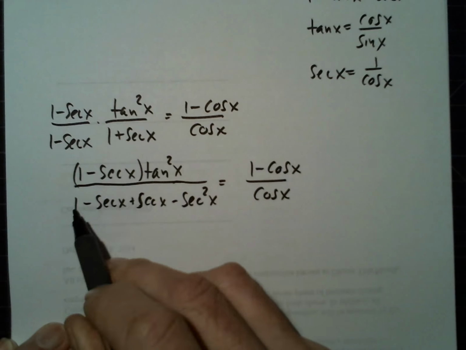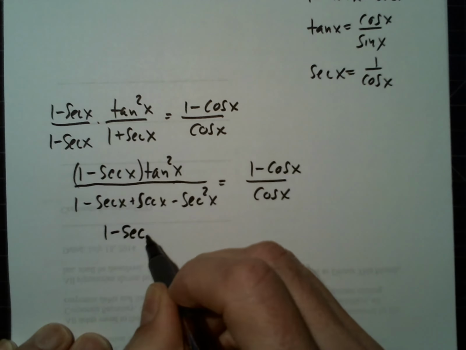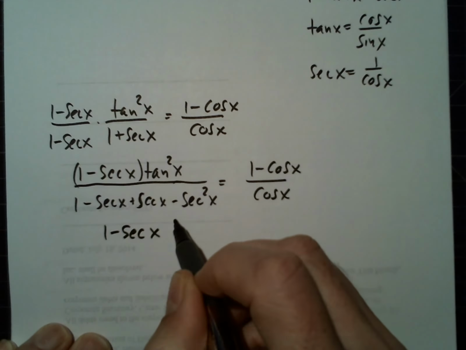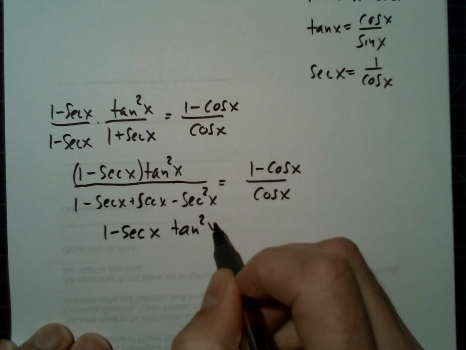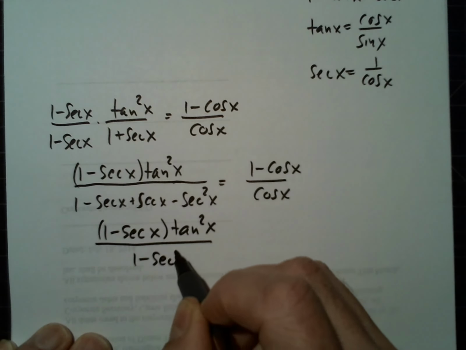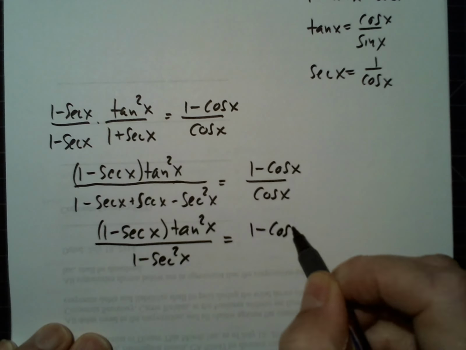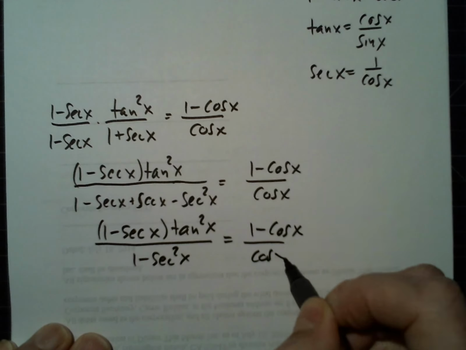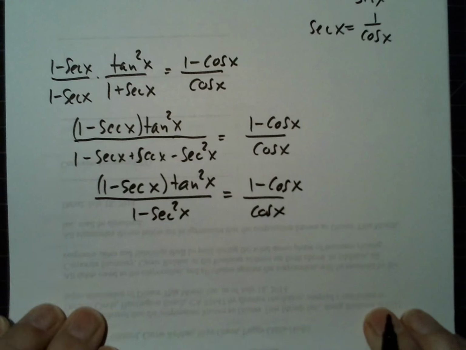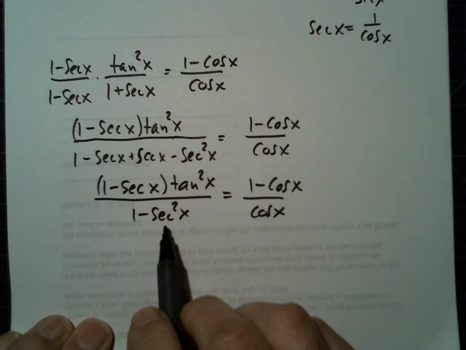These cancel, and we'll have 1 minus secant squared. And 1 minus secant squared.